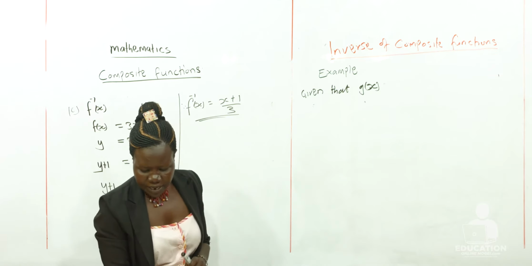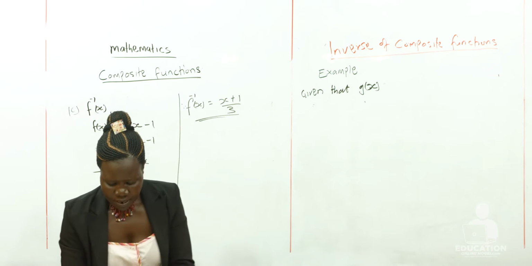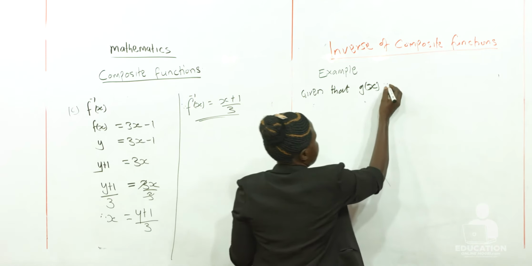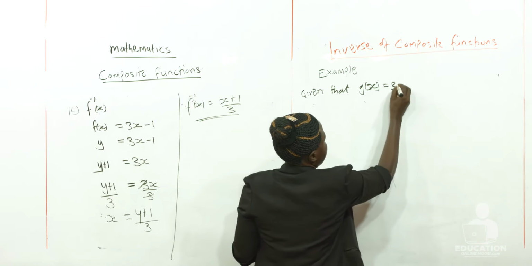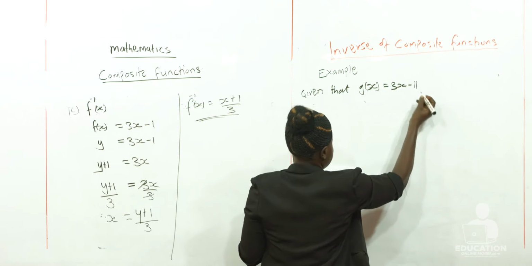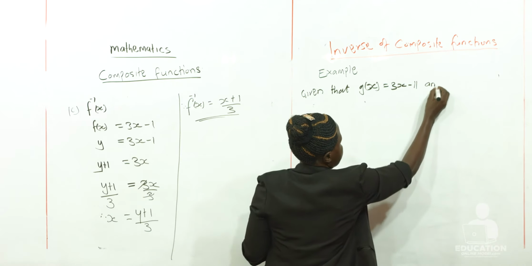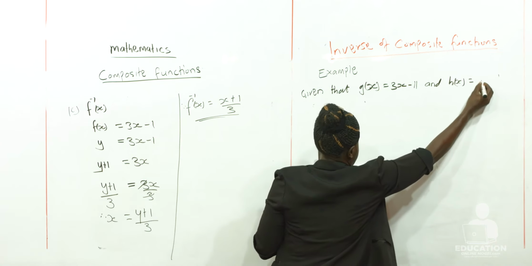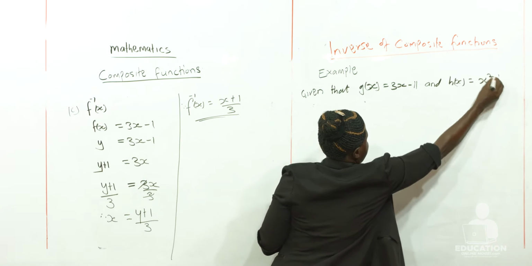So they can say, given that g of x equals 3x minus 11 and h of x is given as x squared.